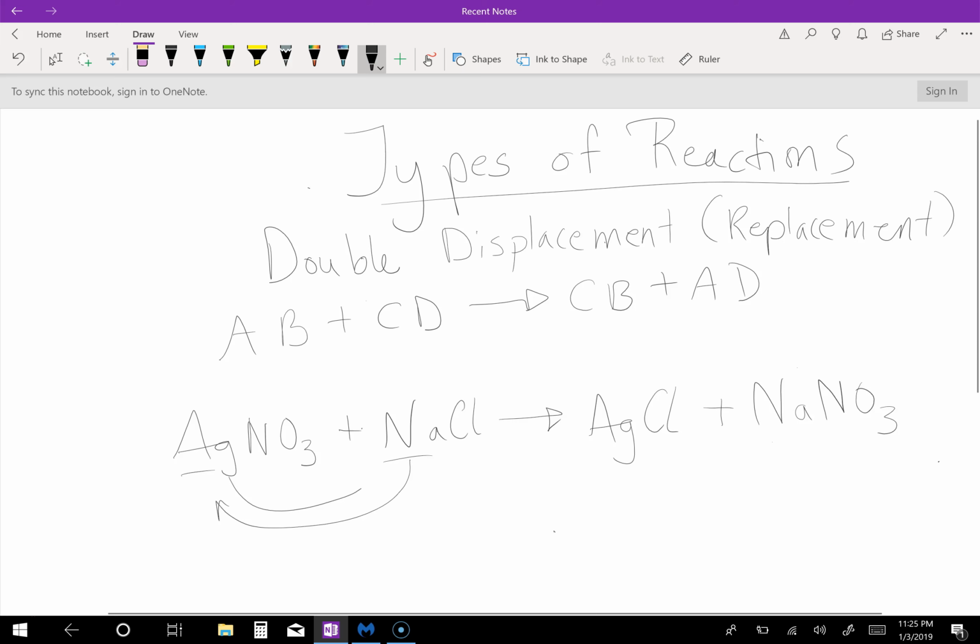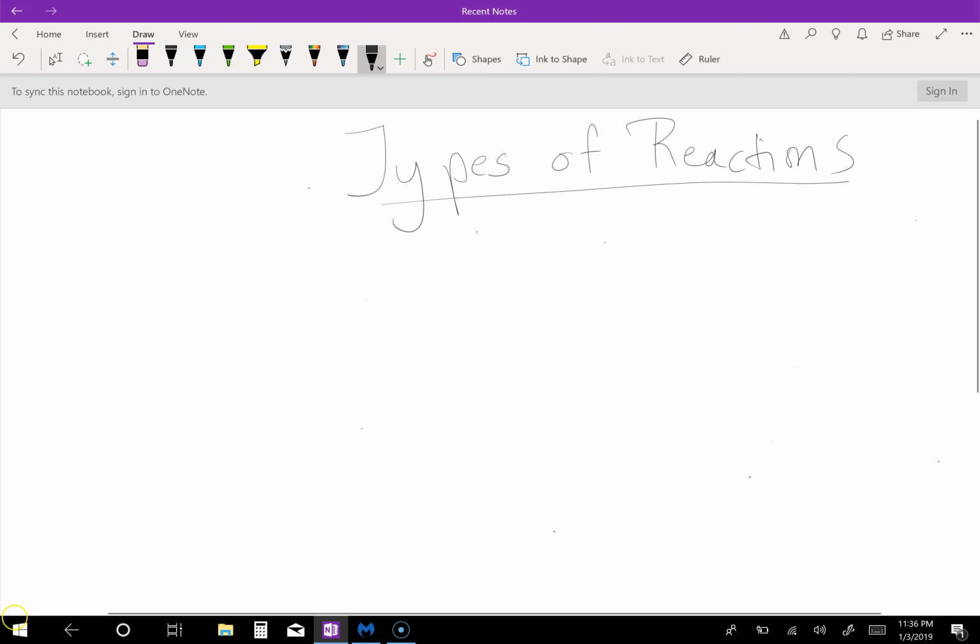We can see that the sodium and the silver switched partners. This is how we know it is a double displacement or double replacement. Anytime elements switch partners in the compound, it is a double displacement or replacement reaction.